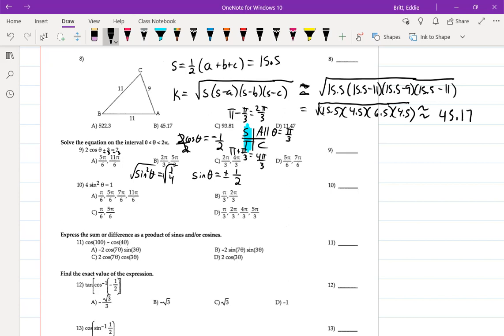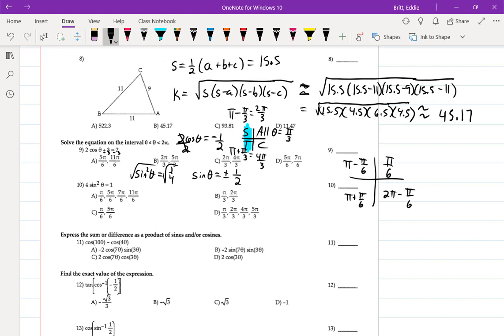All right, you should know by now that the sine of pi over 6 is equal to positive 1/2. So then to get the answers in the other quadrants, I can say pi minus pi over 6, pi plus pi over 6, and 2 pi minus pi over 6.